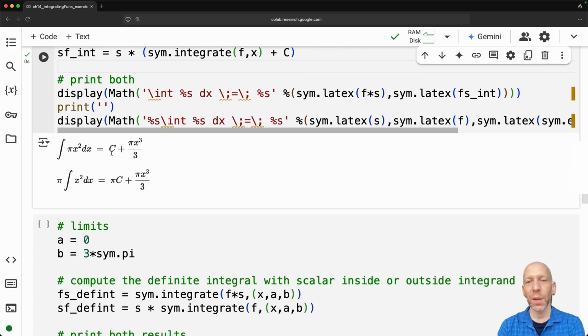Now, these look initially different. You can see SymPy is multiplying through by pi to get pi c. But as I've discussed in this chapter and also in previous chapters, and I'll come back to this in subsequent chapters, unless we have some way to resolve C, like the initial value problem that you solved in the previous exercise, you don't actually know what C is. It's just some arbitrary constant.